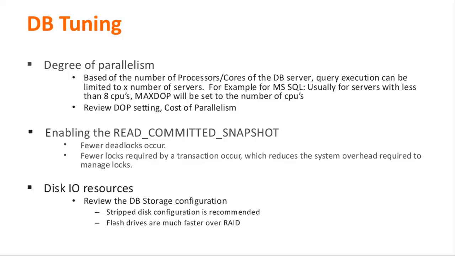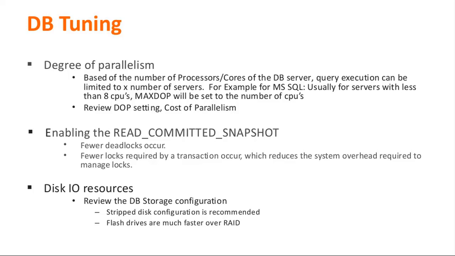The degree of parallelism. Based on the number of processors and cores of the database server, query execution can be limited to X number of processors. For example, for Microsoft SQL, usually for servers with less than 8 CPUs, there's a setting called MaxDOP, which is maximum degree of parallelism.